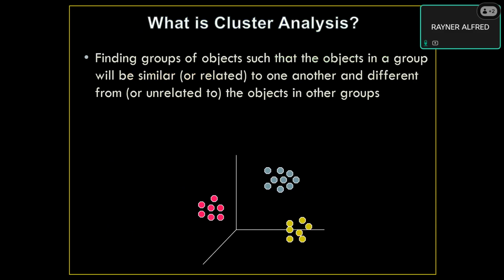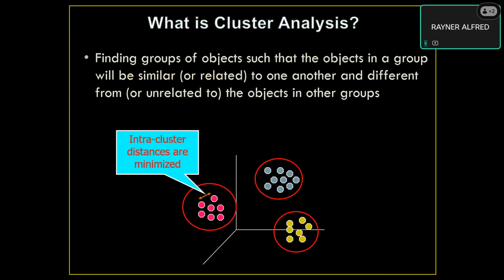Okay, so what is cluster analysis? Cluster analysis is basically looking at your clusters and how you optimize the performance of your clustering result. So the aim is to have very compact clusters, which means we minimize the intra-cluster distance, the distance between the members themselves.